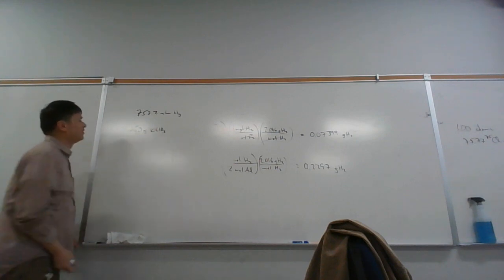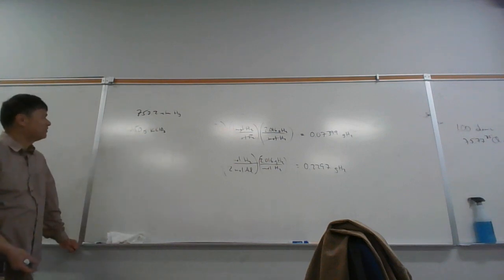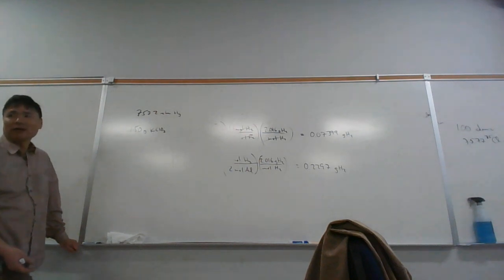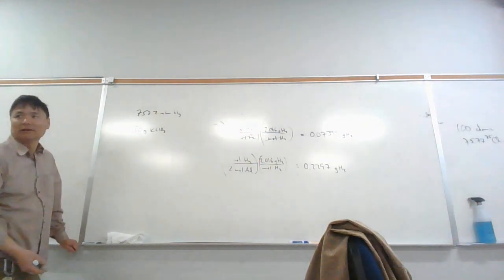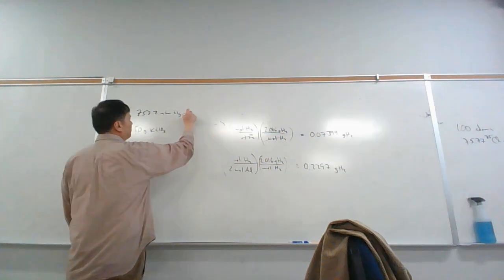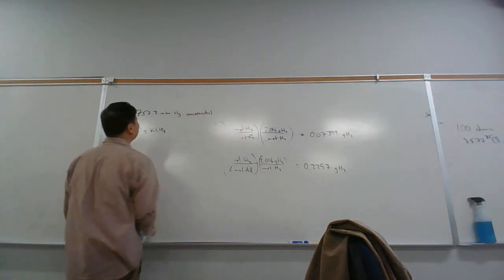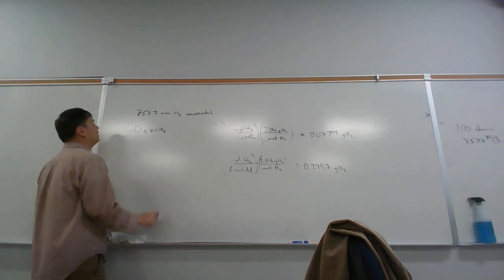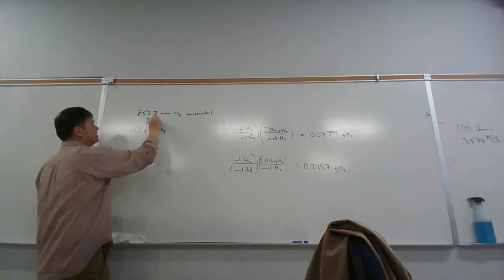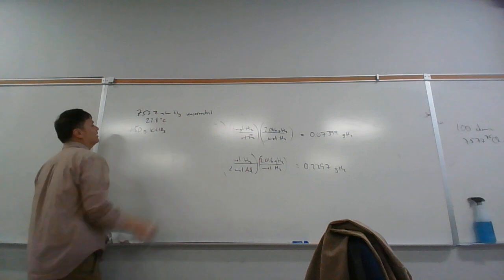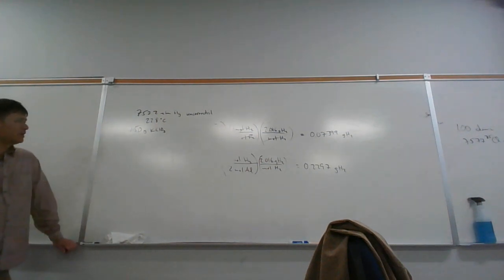Okay, so let me see if I get the numbers correct. 757.2 millimeters Hg uncorrected. What was the temperature? 22.8 degrees Celsius. And it was 1.500 grams of pure KClO3.